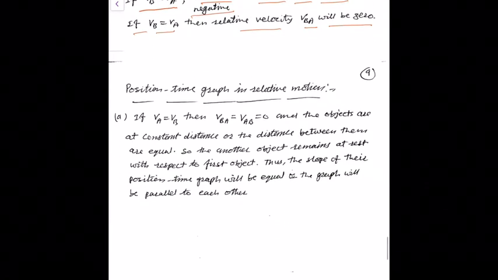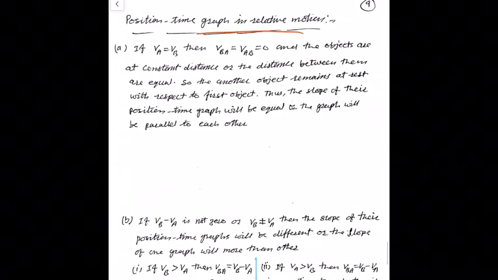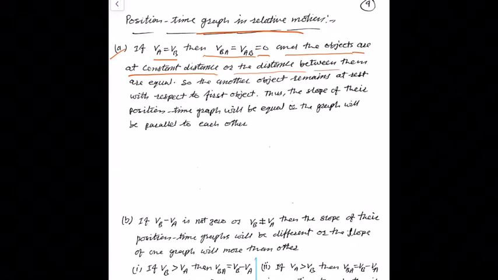Next, position time graph in relative motion. A. If VA is equal to VB, then VBA is equal to VAB is equal to 0 and the objects are at constant distance, or the distance between them is equal.